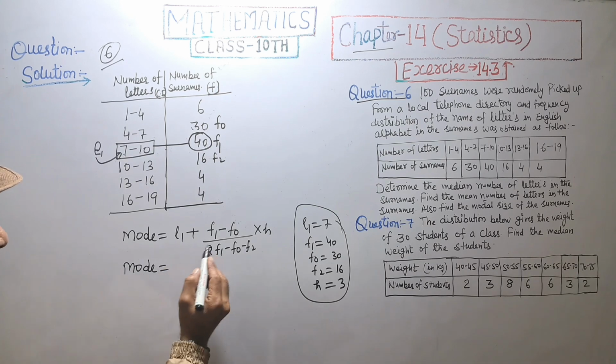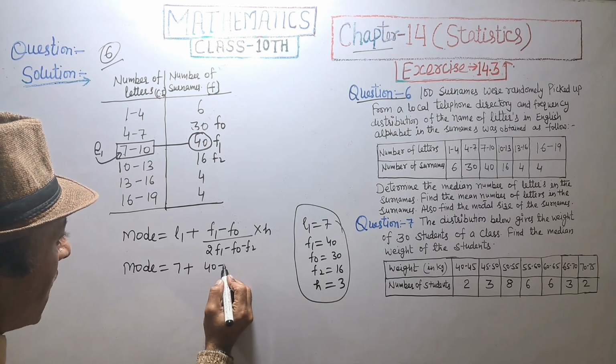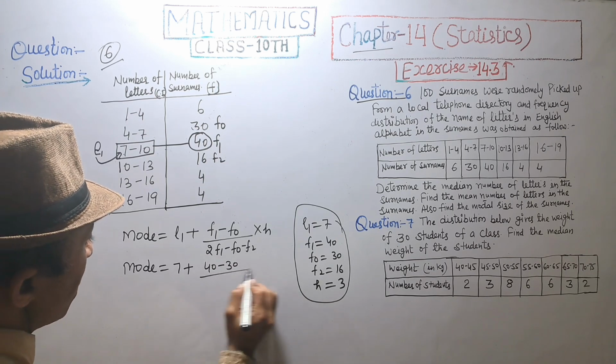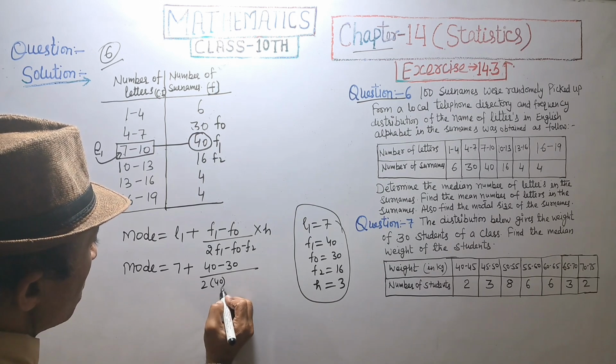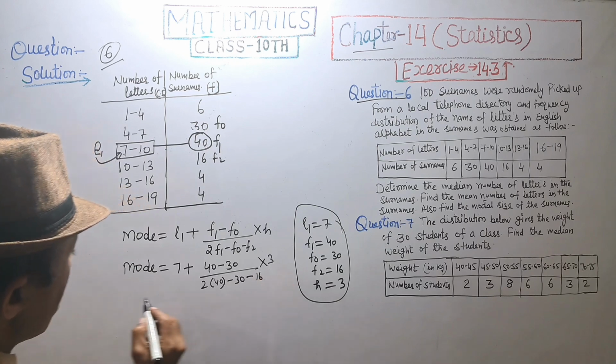Mode is equal to L1 is 7 plus f1 is 40 minus f0 is 30 divided by 2 into 40 minus 30 minus 16 multiplied by 3.